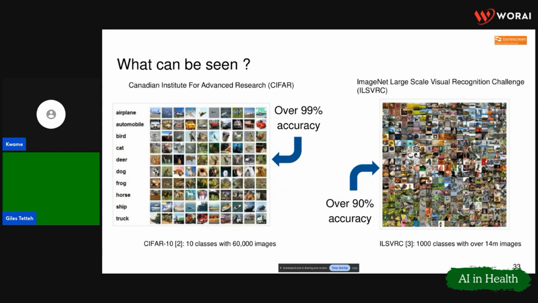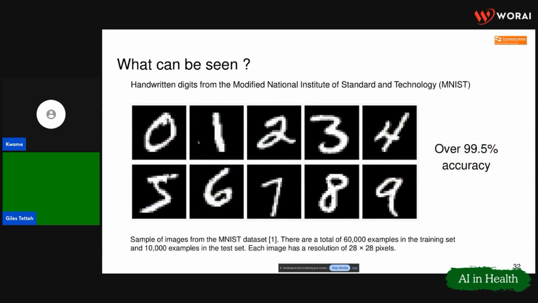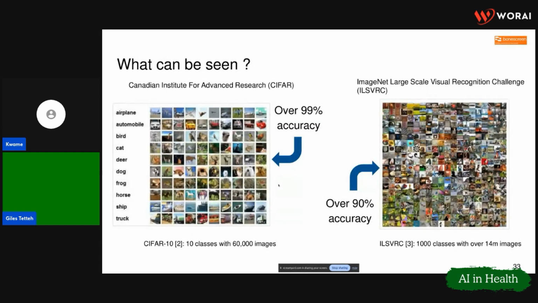And at this point, the interest was, if I give you an image, what can I see in the image? That is why I put the title here: what can be seen in the image? Right after this were these two data sets, where one of them has 10 classes. You give the image and it tells you which object can be seen in that image. So still we are looking at what can be seen, right?